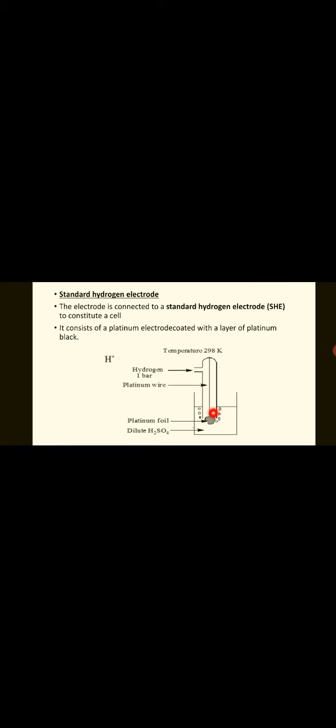Hydrogen gas gets deposited and chemical adsorption takes place on the surface of the platinum foil, and the operating temperature is 25 degree centigrade or 298 Kelvin for the standard hydrogen electrode.